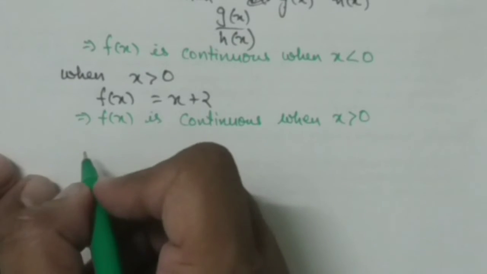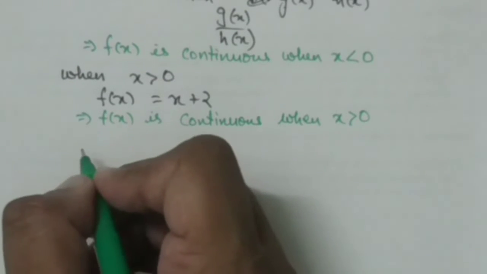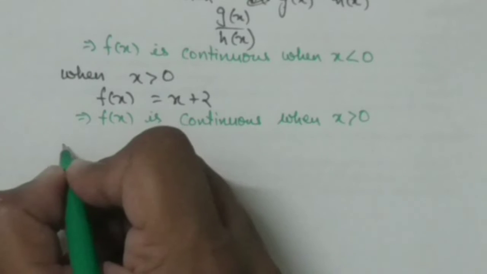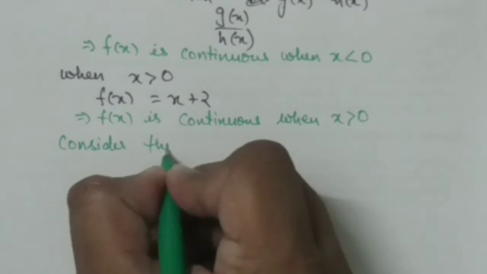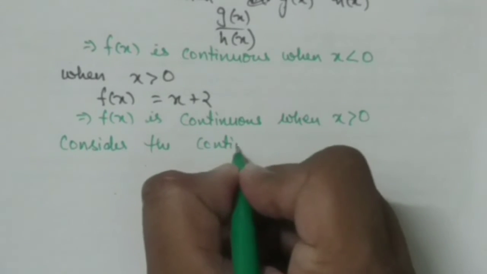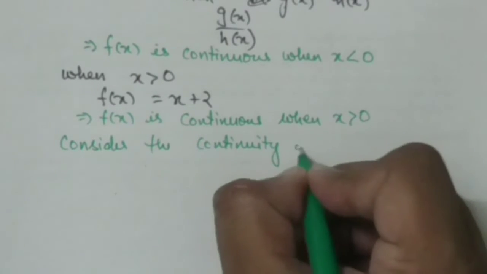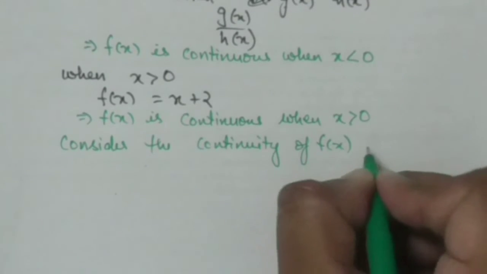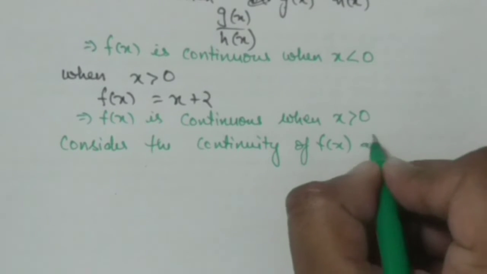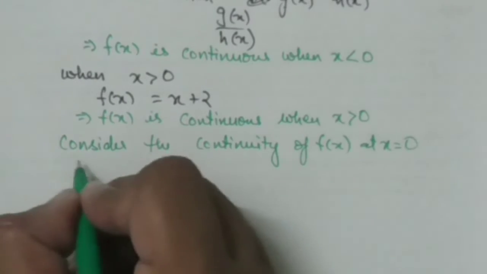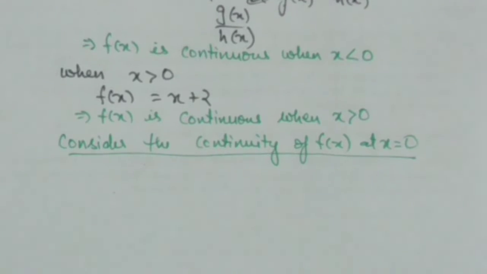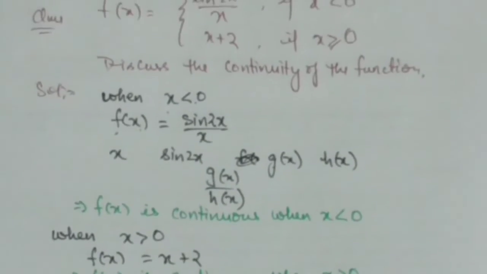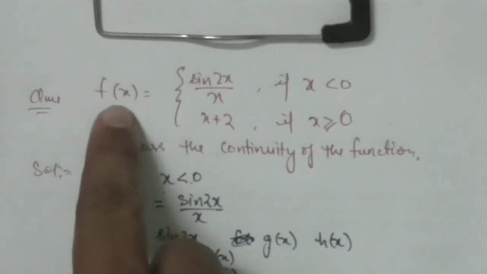Now let us discuss the continuity of this function f(x) at x is equal to 0. So what we need to do? We need to consider the continuity of this function f(x) at x is equal to 0, right? Now see the definition of function f(x).